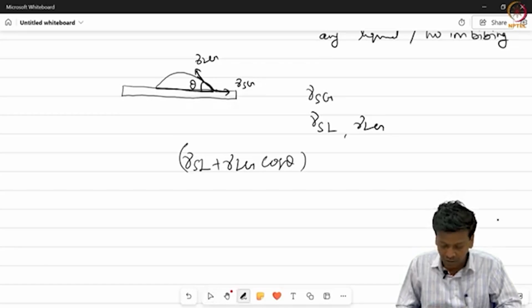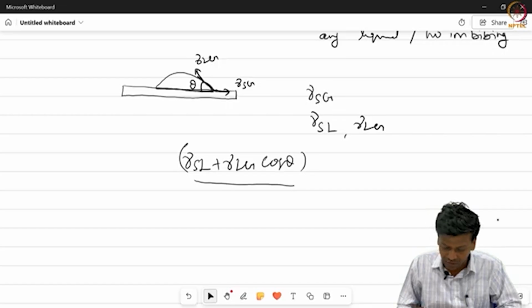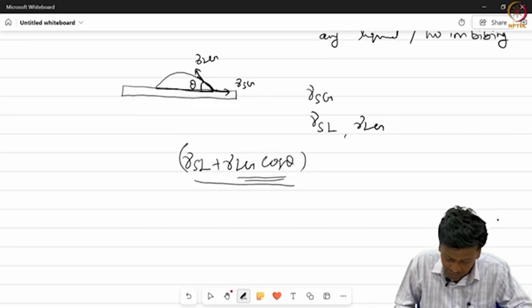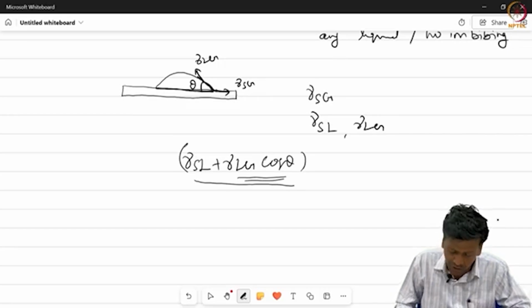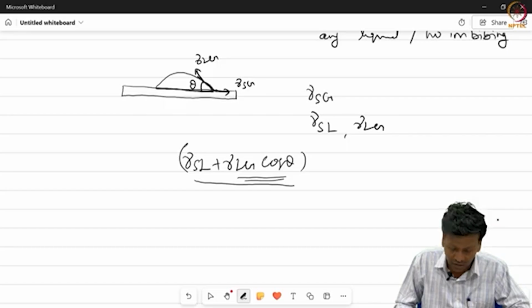One will be the sum total of gamma SL and gamma LG cos theta. The other one will be gamma SG, right? Why cos theta comes into the picture is because gamma LG is the liquid surface tension associated with the gas, and it establishes the surface with some angle that is called theta.